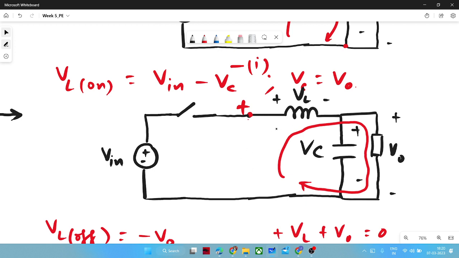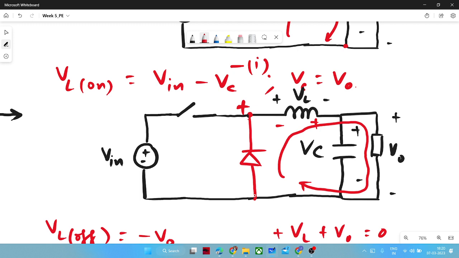Now you tell me the voltage along this VL: minus V naught, right? So when the switch is off, the voltage across this inductor you are saying is minus V naught. So why are you saying that when the diode is present here, it will not see minus V naught?